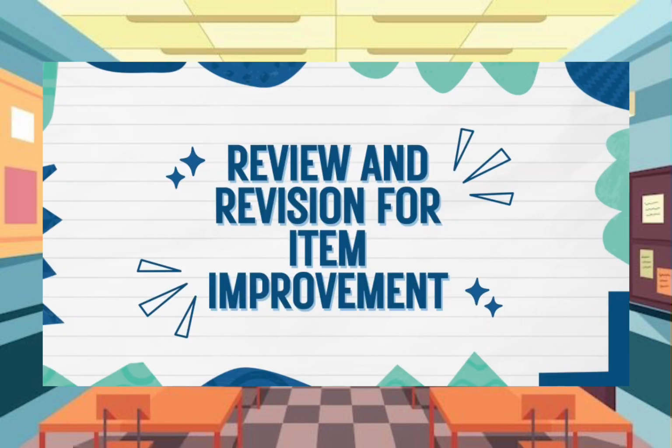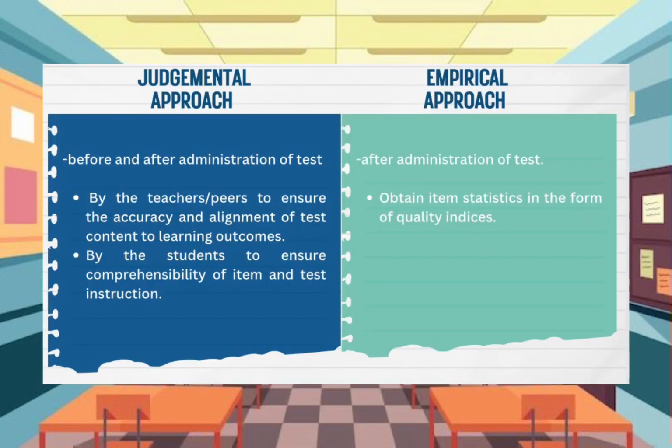The last procedural step is review and revision for item improvement. There are two approaches that you can use in accordance with its use. First is the judgmental approach. Before and after administration of the test, by the teachers or peers, to ensure the accuracy and alignment of the test content to learning outcomes, and by the students to ensure comprehensibility of items and test instructions.